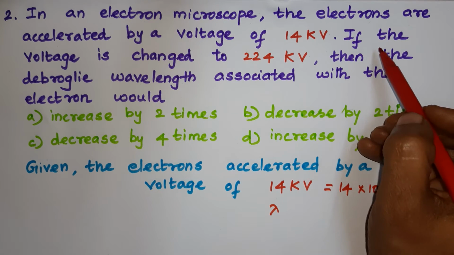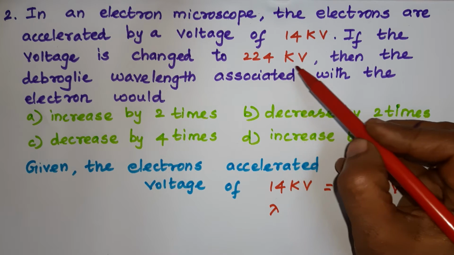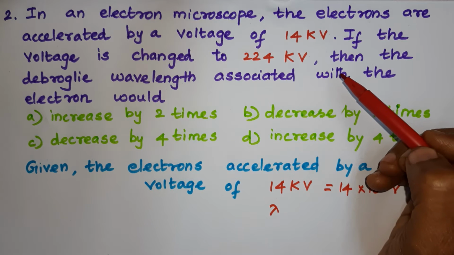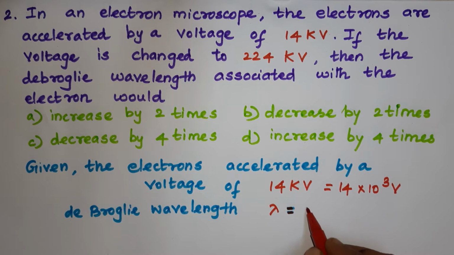And then after the voltage is changed to 224 kilovolt, the de Broglie wavelength, we take that to be lambda dash. Now, lambda is 12.27 divided by square root of V angstrom. Now, we substitute the value of this voltage here.